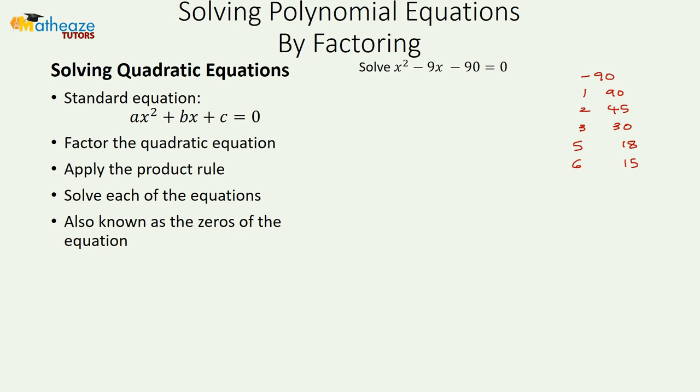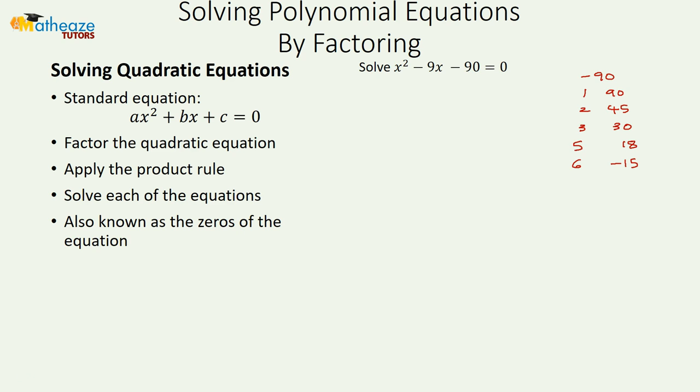So let's look at this. We can see which of these have a relationship that could lead us to 9. So 6 and 15 have a relationship that can lead us to 9, but we want a negative result after adding them up together. So we're going to put the negative sign in front of the larger number.